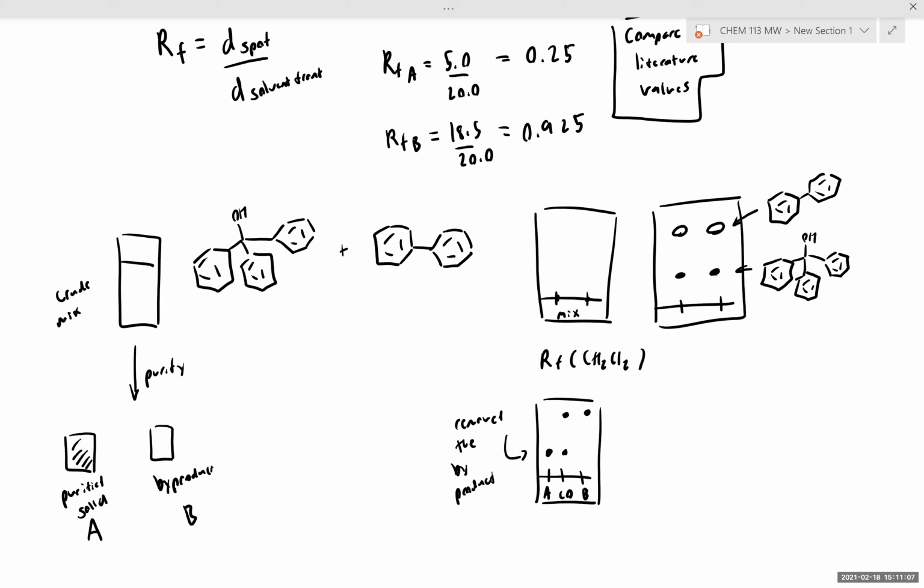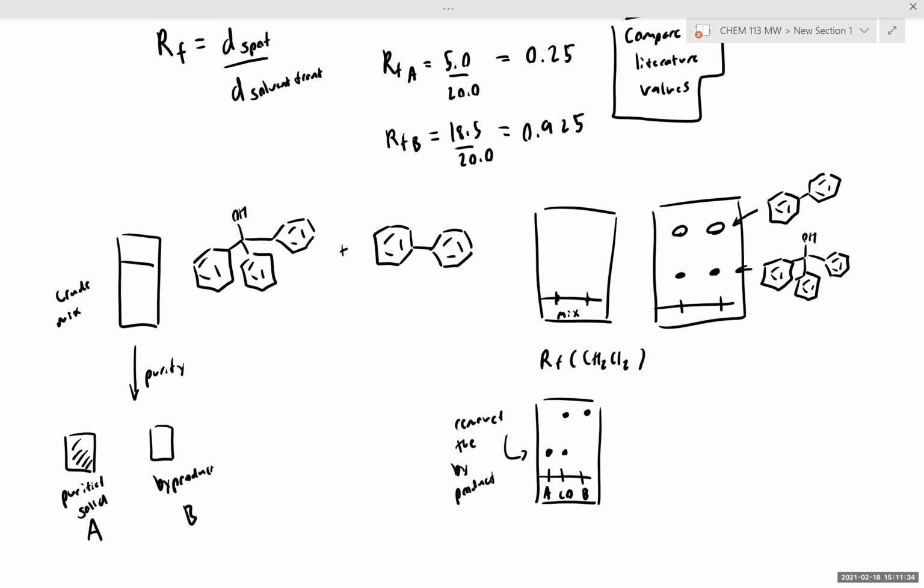Typically RFs have a small amount of variance and they depend on the solvent system. Generally RFs are measured for a specific solvent system, and identical compounds can have the same RF. It's not a perfect assignment. That's why we collect the other data to further support our argument that the sample is pure and that the sample is our desired triphenylmethanol.